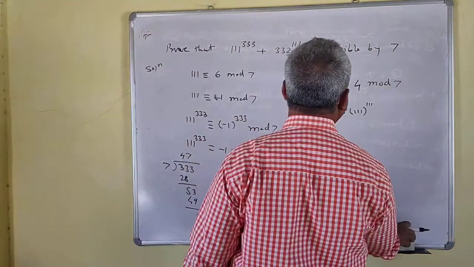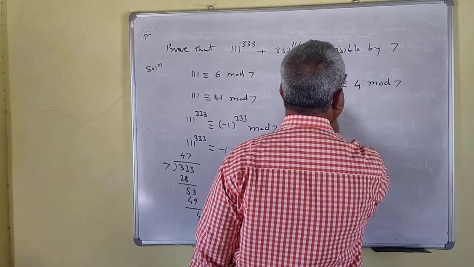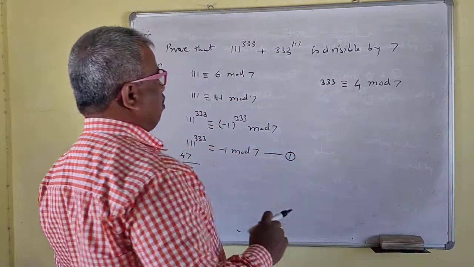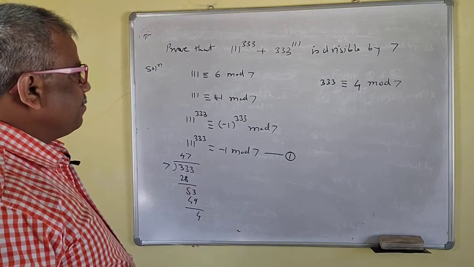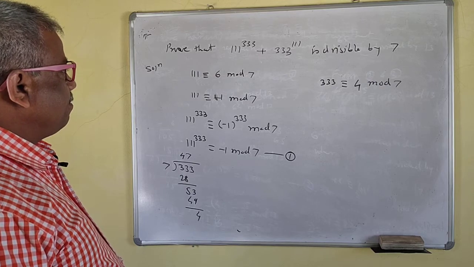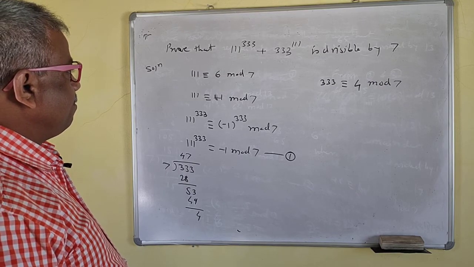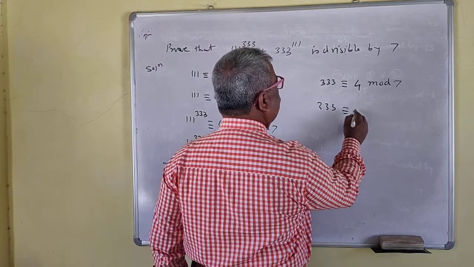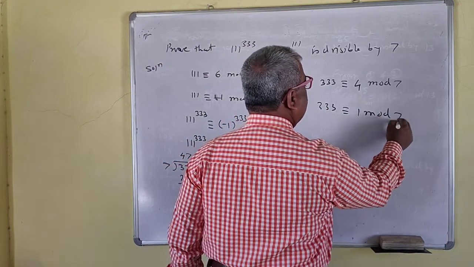Okay, so one can verify this, 333 is congruent to 1 modulo 7.